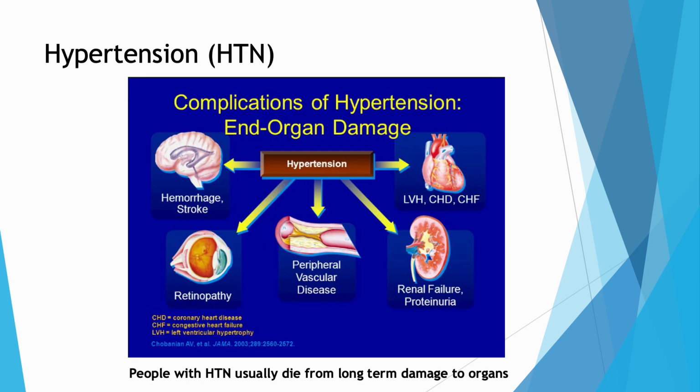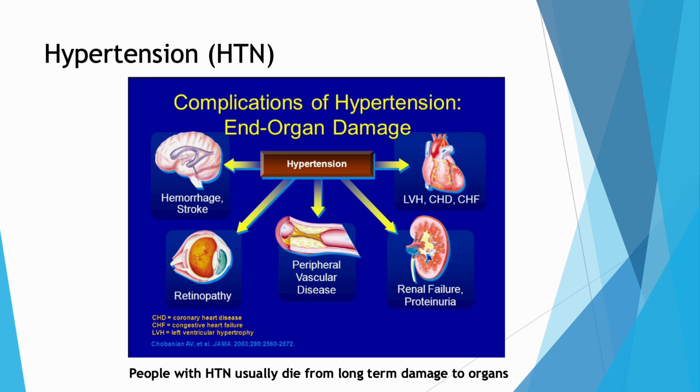Okay, the complications: why we need to treat hypertension aggressively is because it can lead to end organ damage. Now, I've talked about heart failure before. That's why patients need to get on blood pressure medication early if lifestyle changes don't help. But hypertension can end up with renal failure. It can end up with peripheral vascular disease.